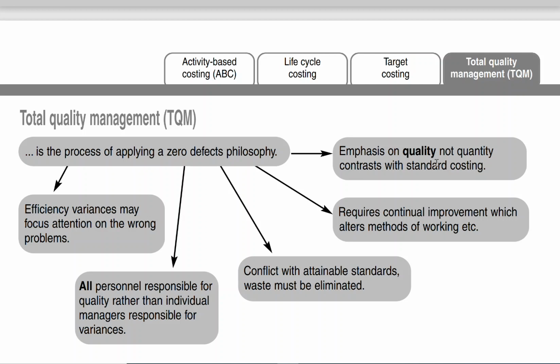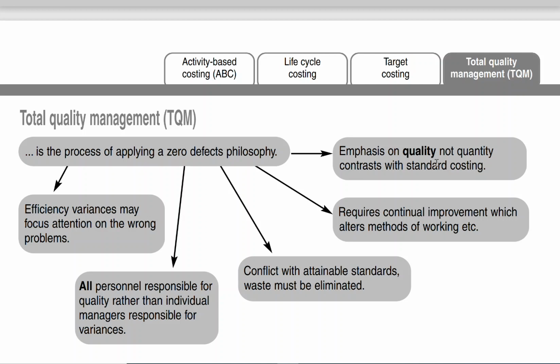There are some other things as well which are not explained here. I will explain two things. One is internal failure cost, another is external failure cost. Internal failure costs are those costs in quality management that are incurred within the organization before a product is delivered to the customer.